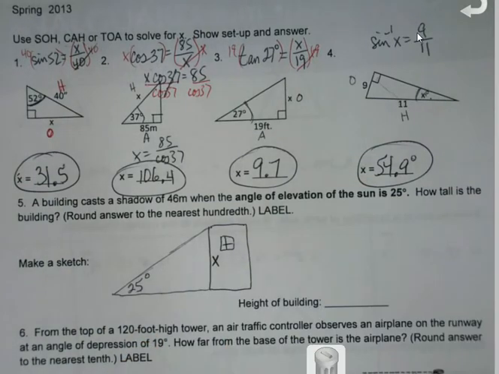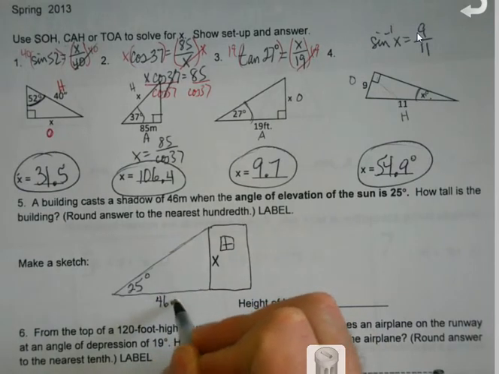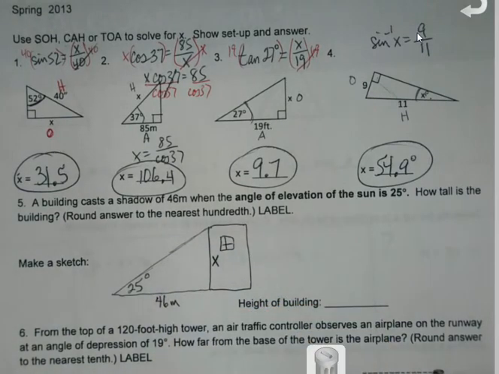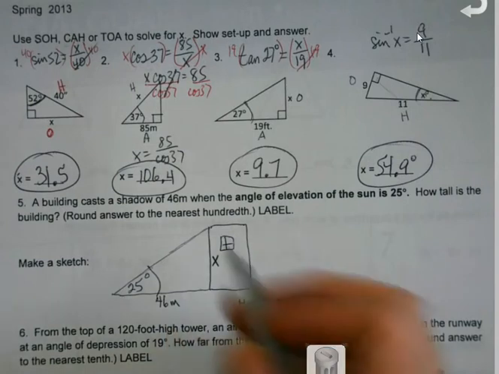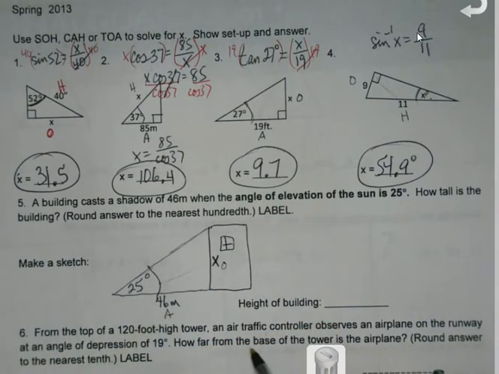Now here's the question. Building casts a shadow of 46 meters. So when you start to think about that, the shadow is actually where? It's on the ground. So there's a difference in where I put it. So I get it drawn, I go, okay, it's opposite and it's adjacent.